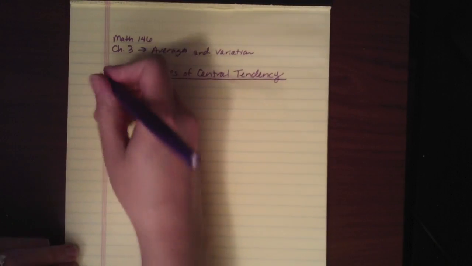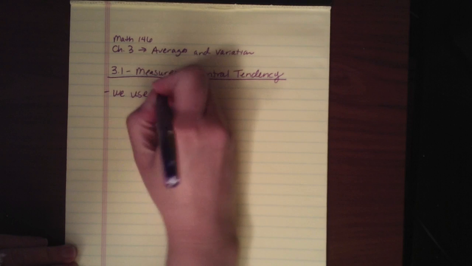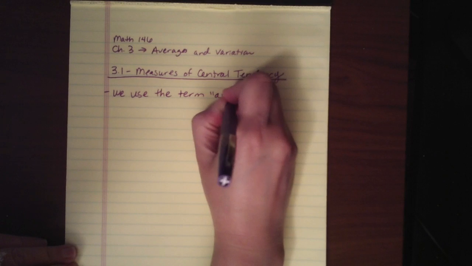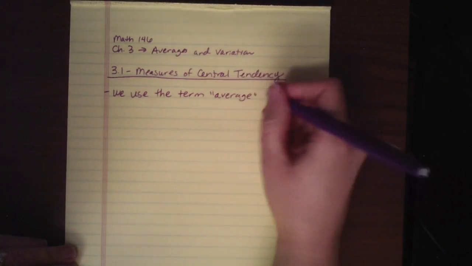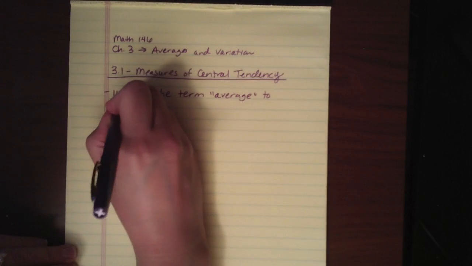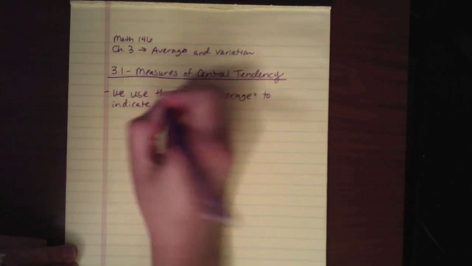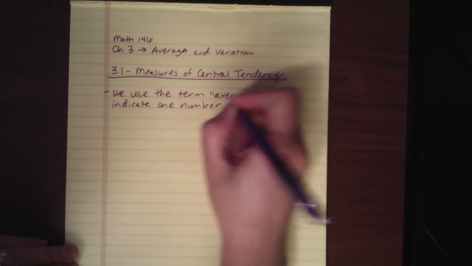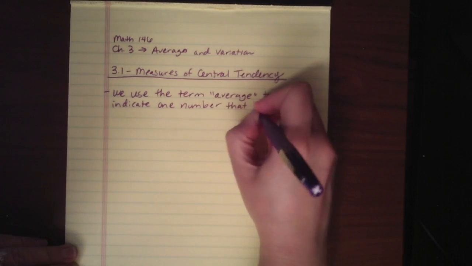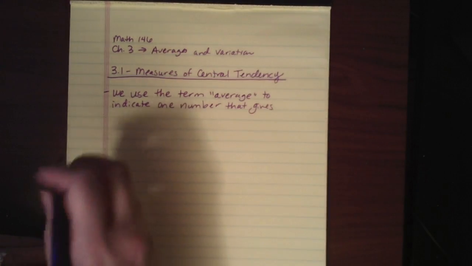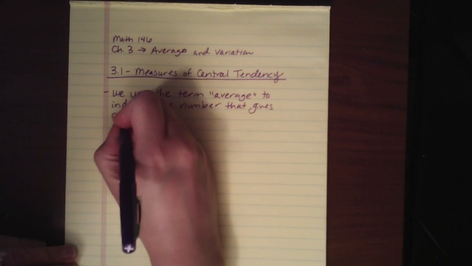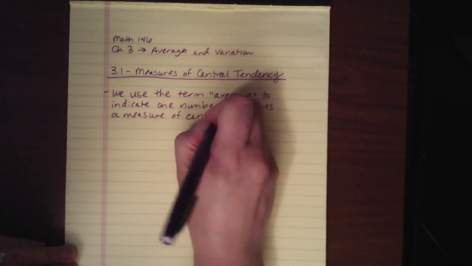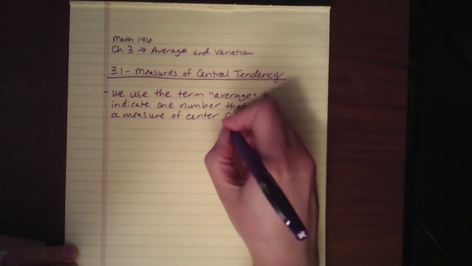So first thing to note is that we use the term average to indicate one number that gives a measure of center for a population or sample.